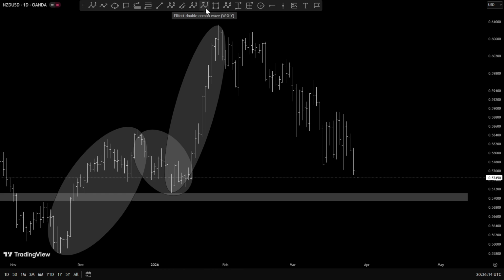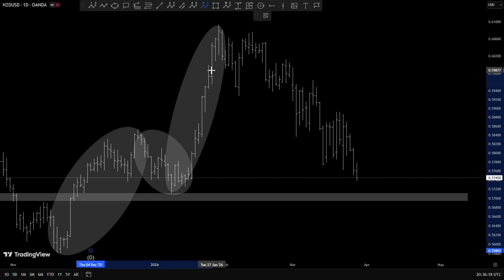Which means for us to label this as wave W, inside of this wave W, we must find what is called a 3.